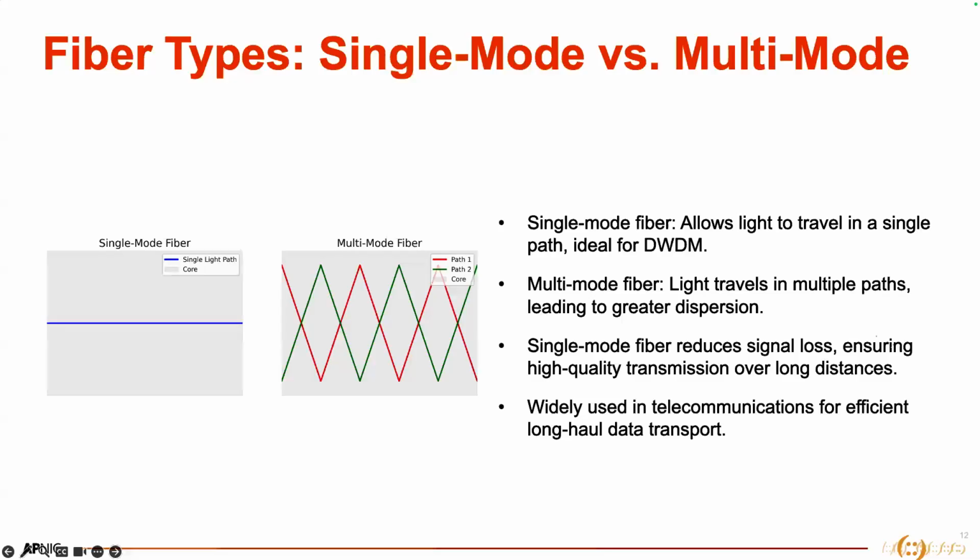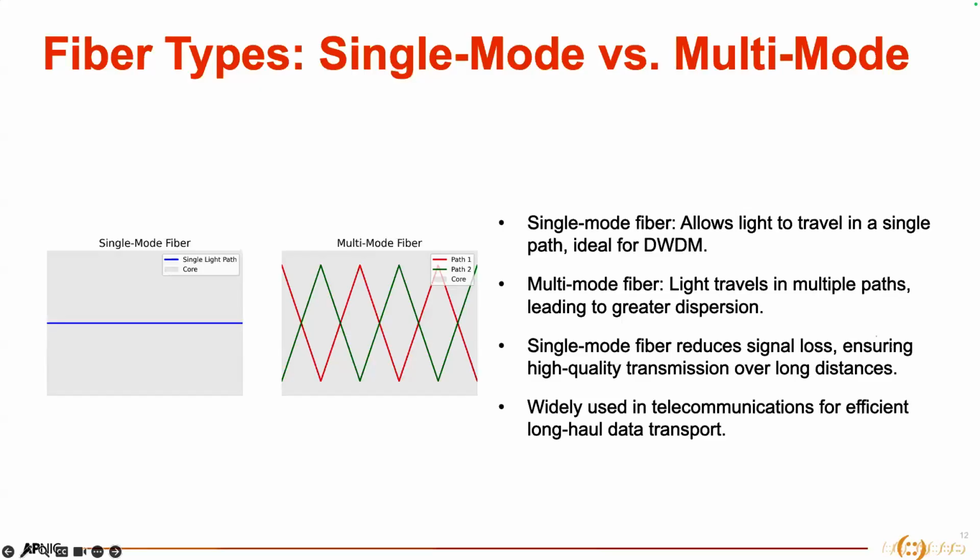Single mode fiber is a fiber where one single light beam is allowed to travel from one place to another within that fiber. This is called single mode fiber. For multi-mode fiber, light travels in multiple paths. That means multiple lights can travel together within multi-mode fiber.